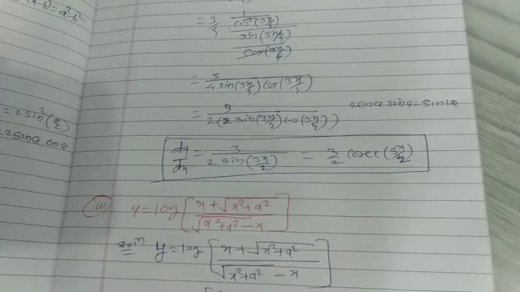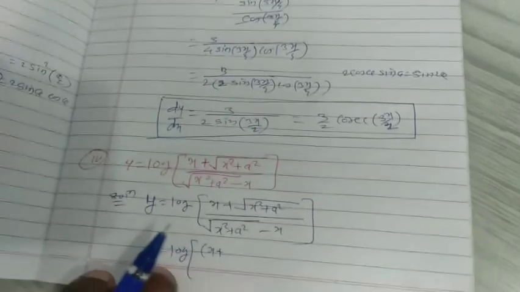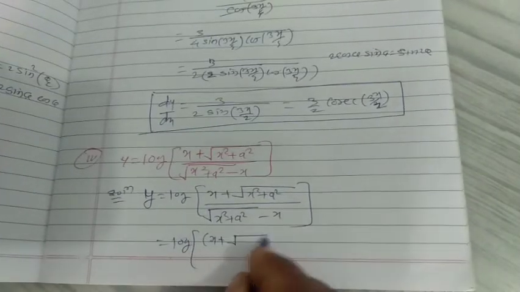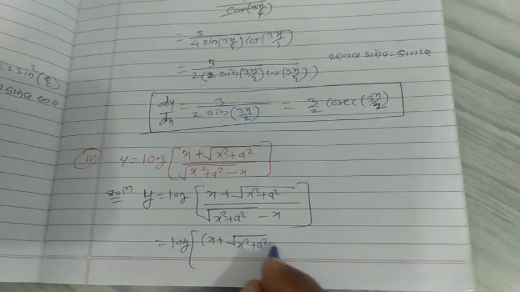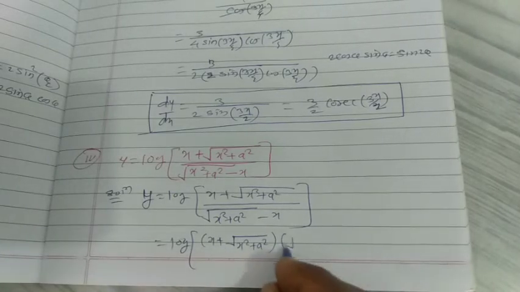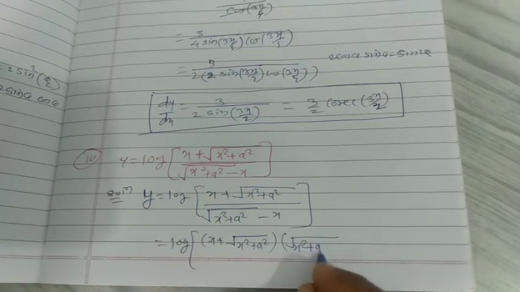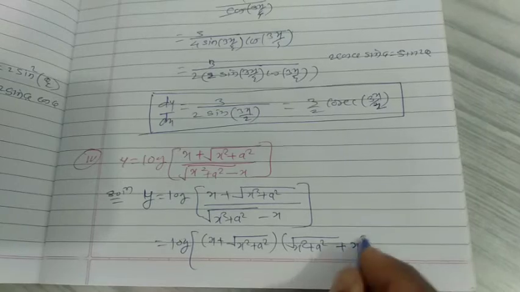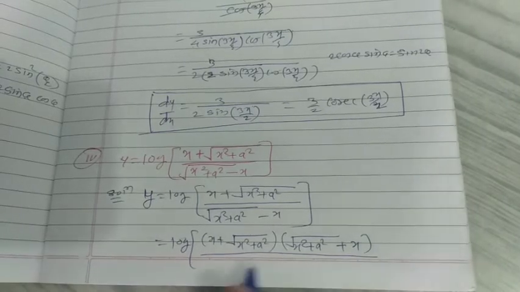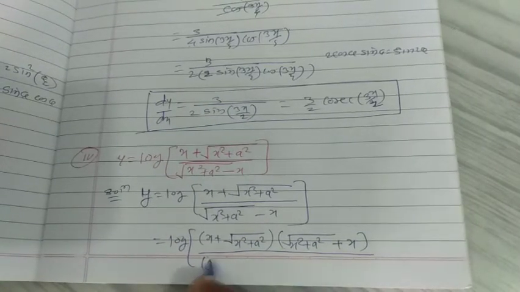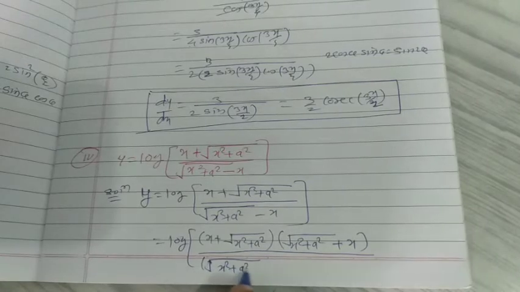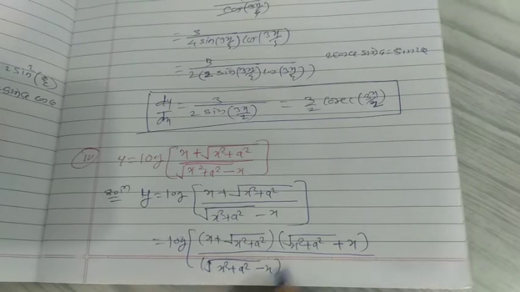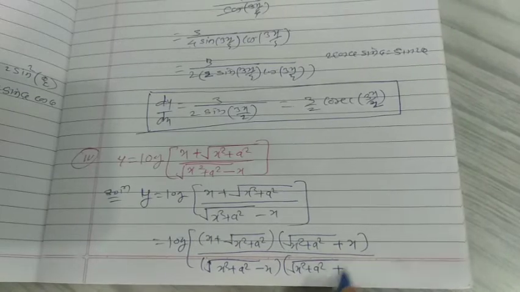Log of x plus, similarly as in the previous problem, x plus root x square plus a square in a bracket. Here we write root x square plus a square plus x. At the denominator, root x square plus a square minus x, another bracket, root x square plus a square plus x.